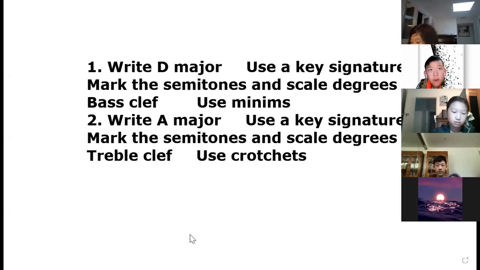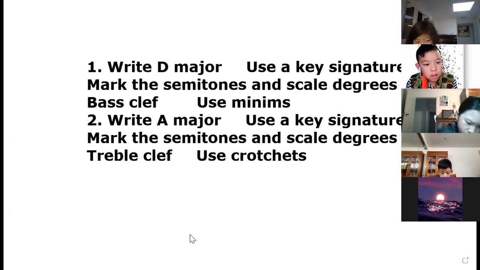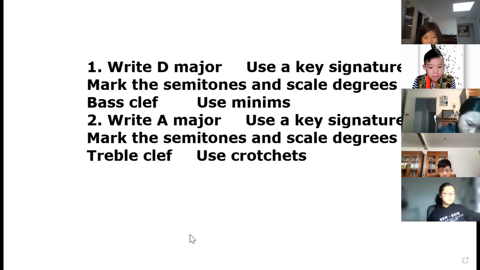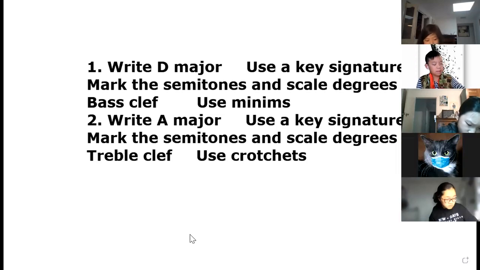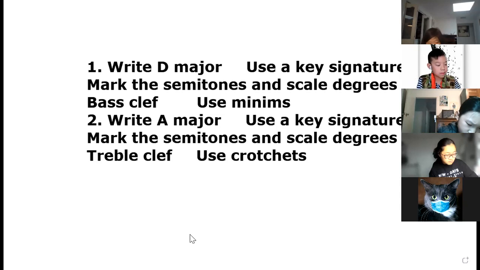For D major, the key signature is not quite right. Remember, D major has F sharp and C sharp. I just showed you where to put those. So yeah. Abigail, could I get a look at that again? I need to fix it. Okay.